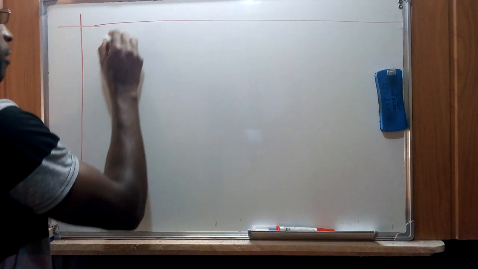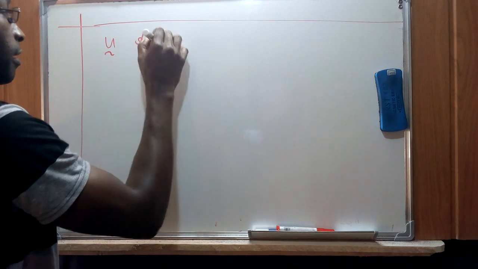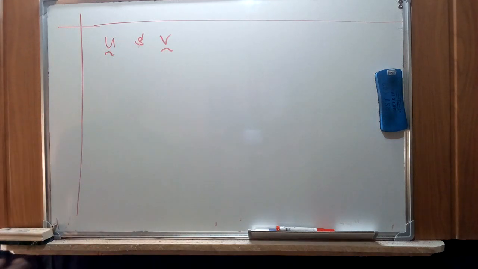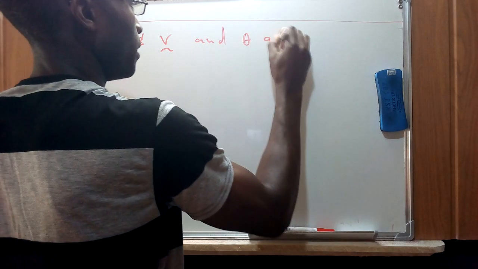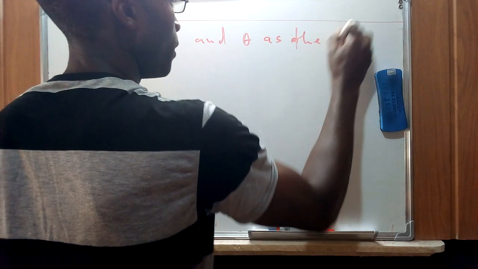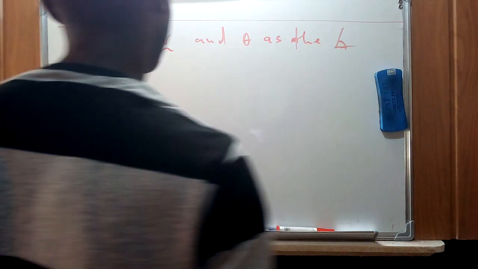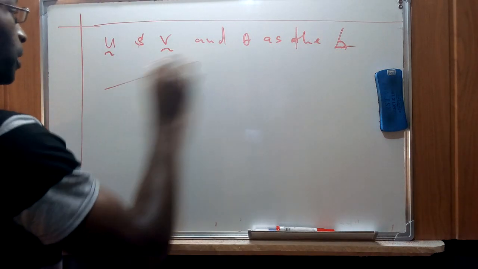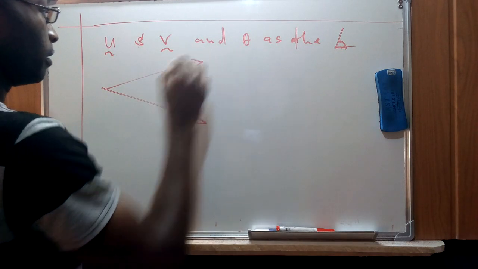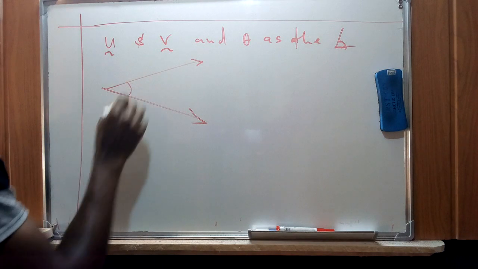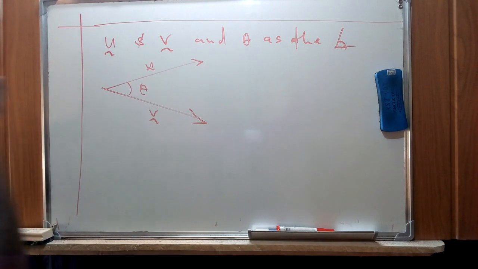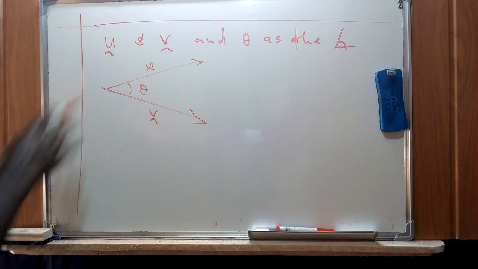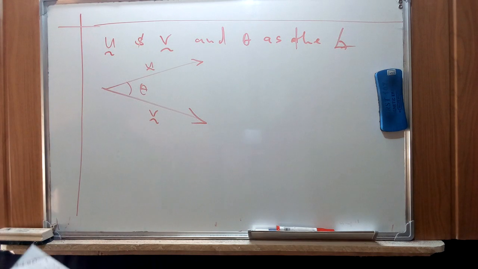u and v in two-dimensional space, and theta as the angle between the two vectors, then we can illustrate figuratively using that particular figure how the two vectors and the angle between them can be illustrated.